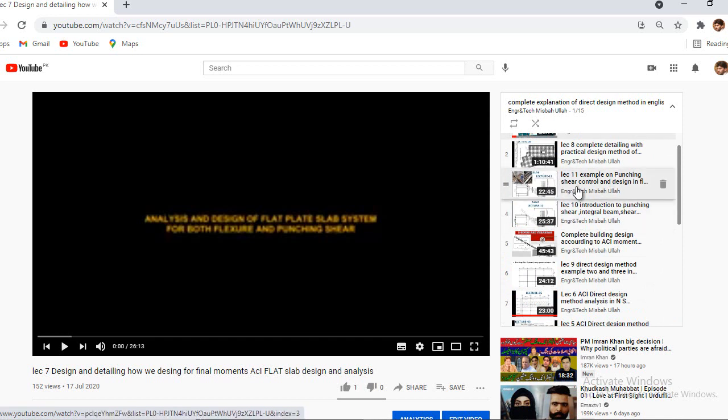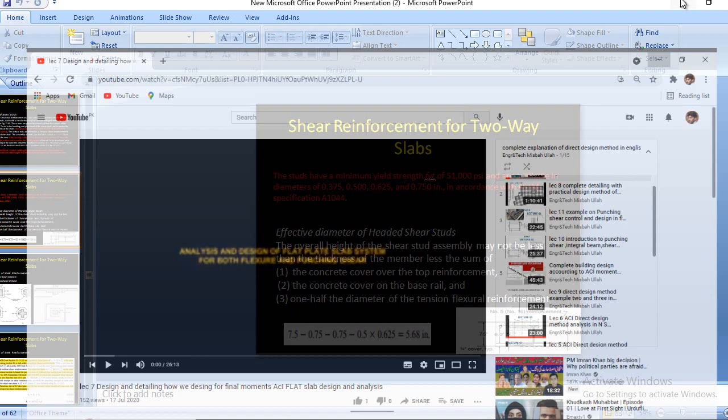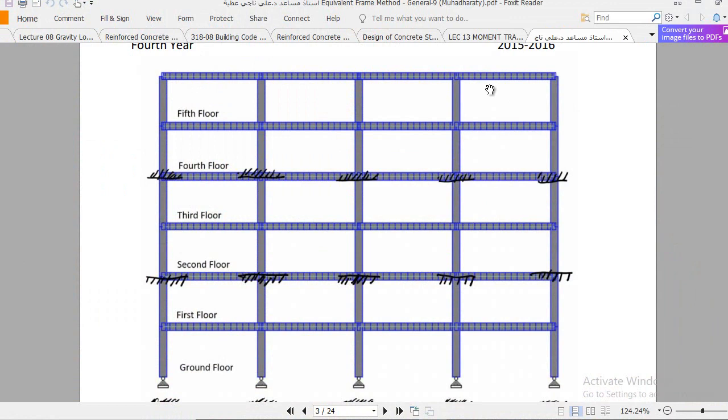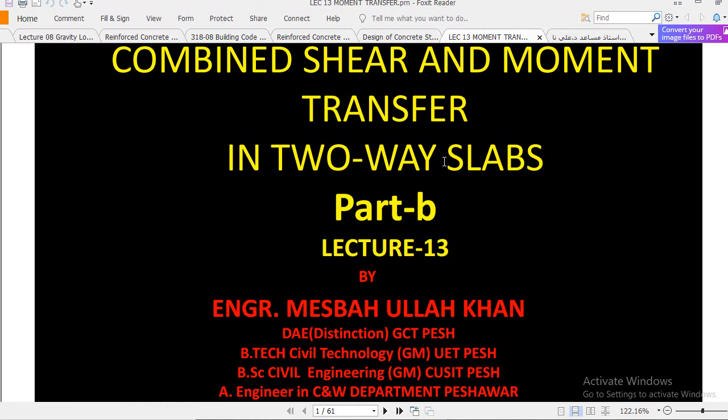Here I explained integral beam design, why we need to provide shear reinforcement, and the cases where we have to provide integral beams. Up to lecture number 12, we did not include the effect of moment transfer, the unbalanced moment transfer.